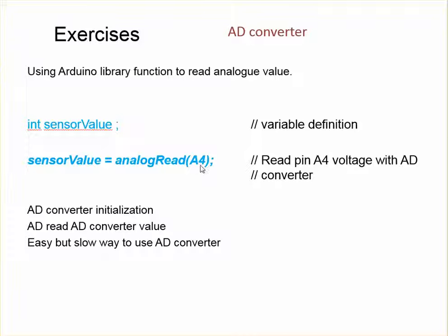If we put here A5 and so on, then it reads the value from the different input pins. And what this function will do is the initialization, reading, and all the same activities that were shown in earlier slides by doing that with the registers.